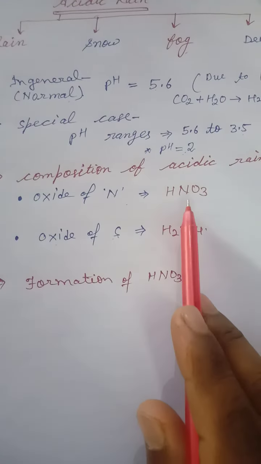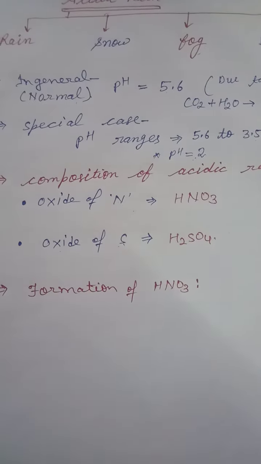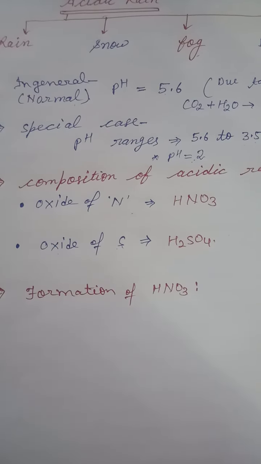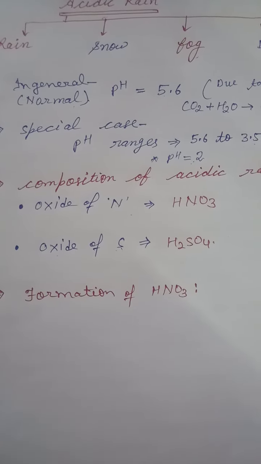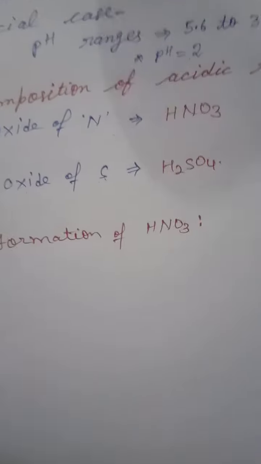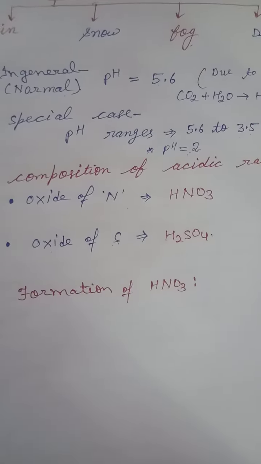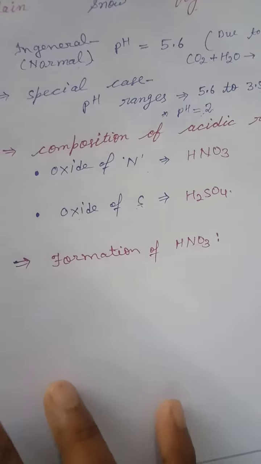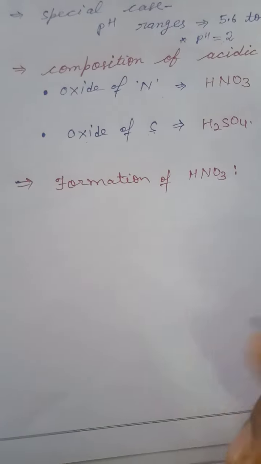How HNO3 forms from the oxide of nitrogen, I am going to explain. As you know, in our environment nitrogen is present, 78%, and similarly many compounds of nitrogen are also present. I will start from the beginning: how nitrogen converts into oxide of nitrogen first, and after that into HNO3.